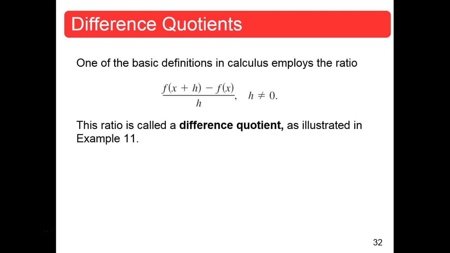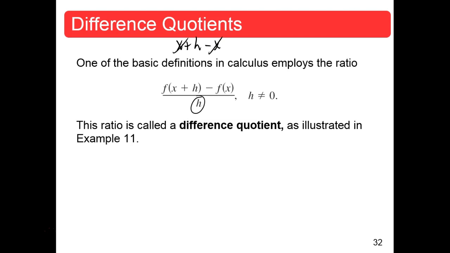So there's two different x's, and two different y's. And then guess what x plus h minus x is? Let's do that. x plus h minus x. The x's go to 0. h. So this is a difference quotient.